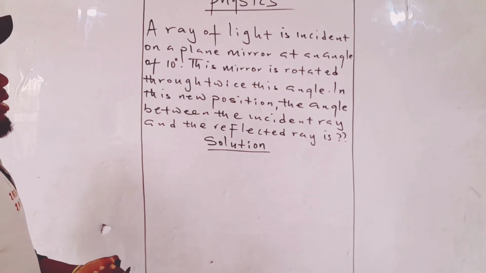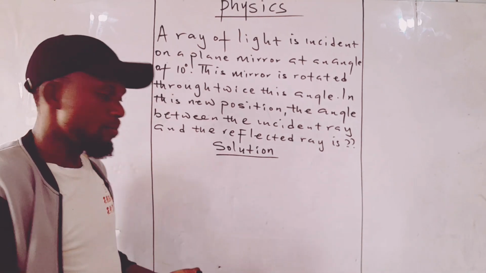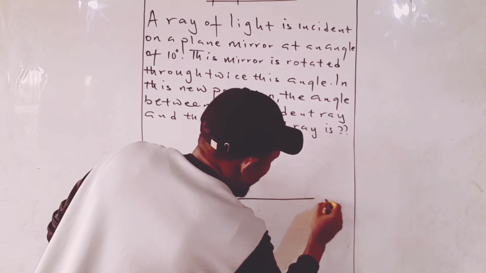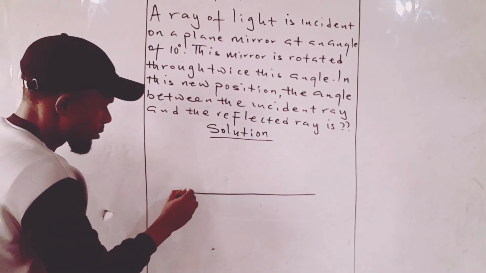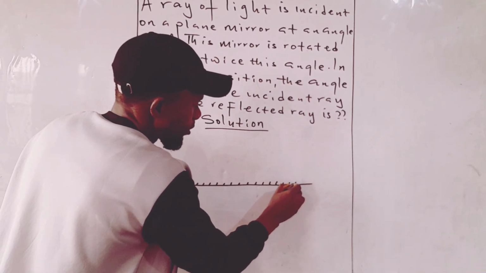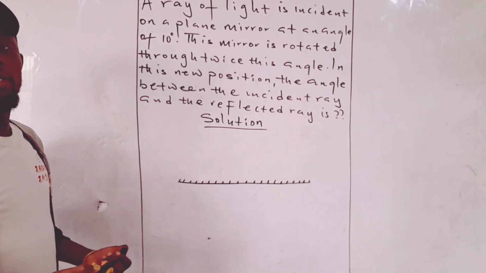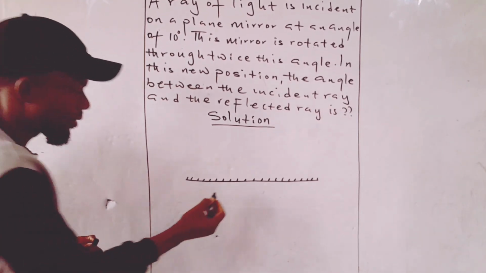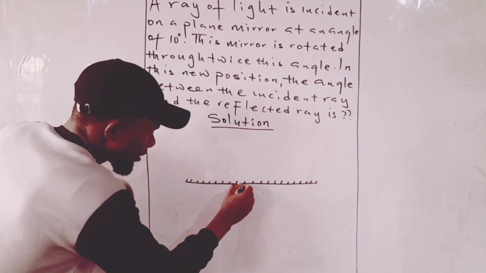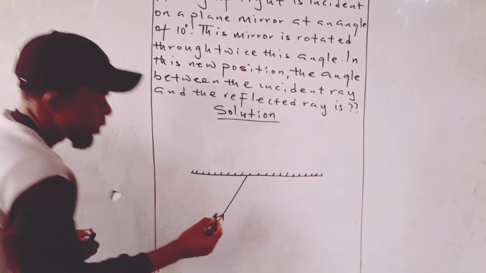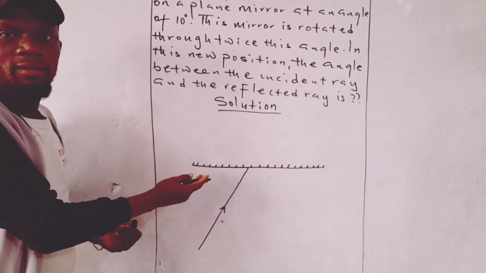The first thing I need to do, I'll draw my mirror. So this is my mirror when it has not been rotated. The incident ray comes in contact with this plane mirror.